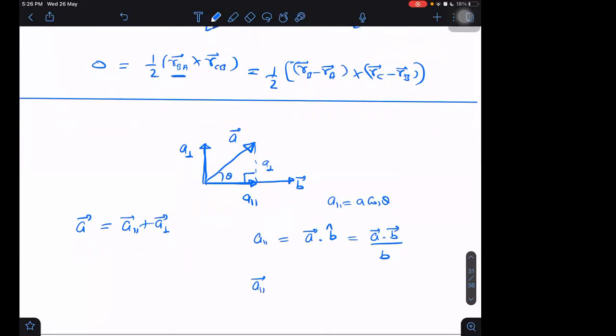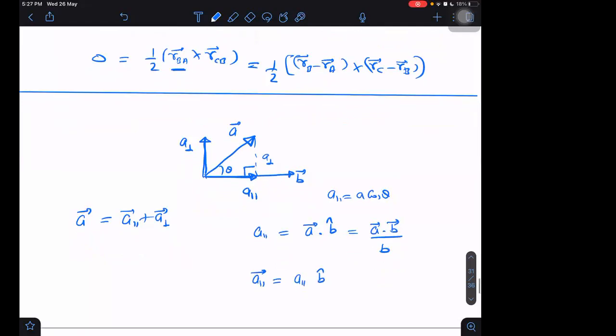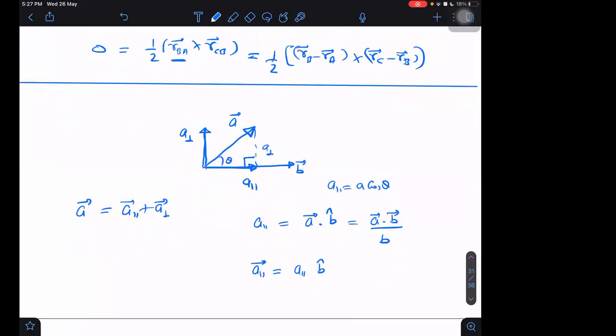It is not A parallel vector. What will be A parallel vector? That will be A parallel magnitude multiplied by B cap, multiplied by direction. So which will be written as A dot B cap again into B cap. You got this point?